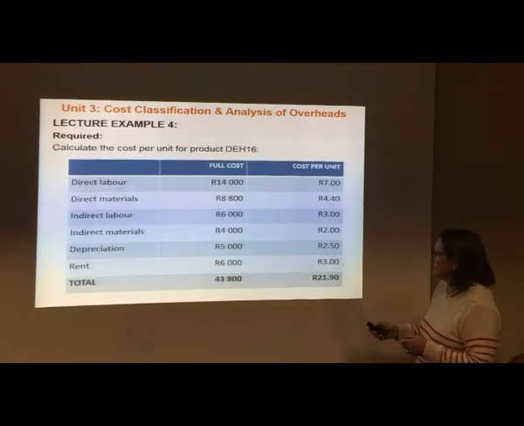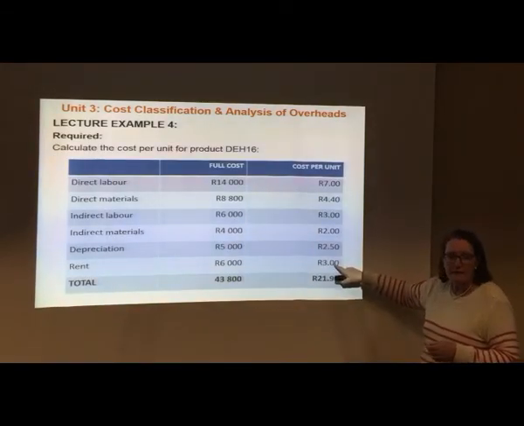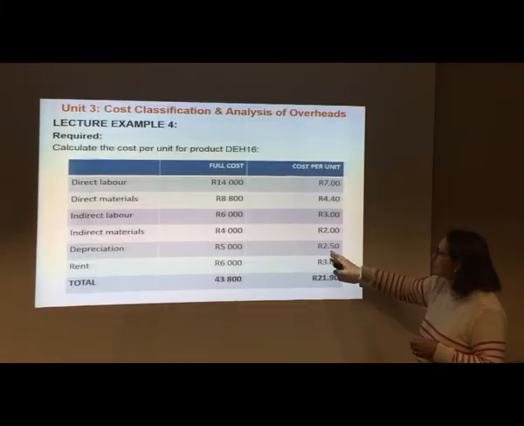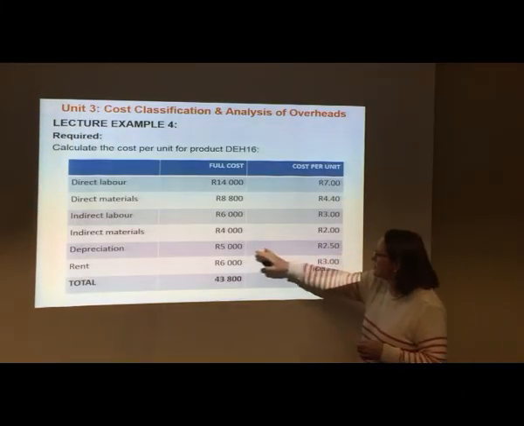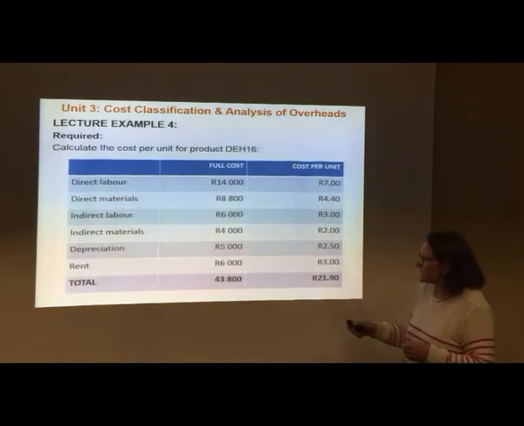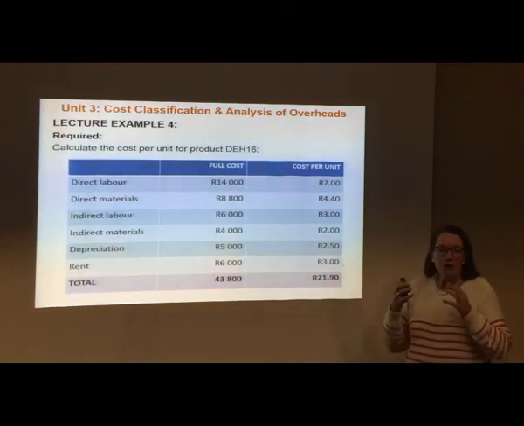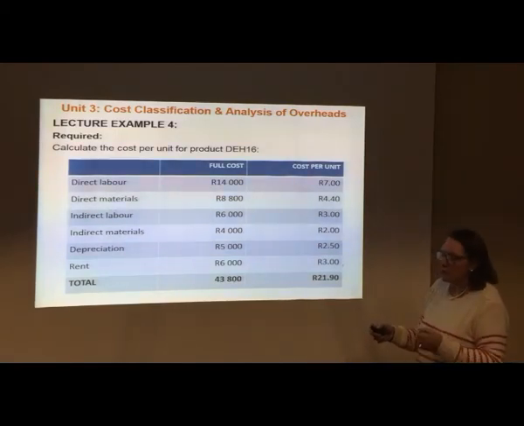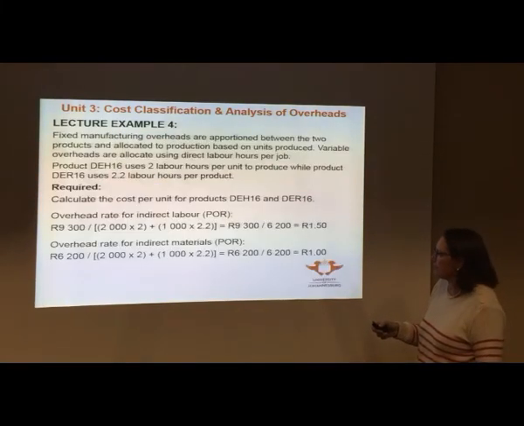You put it in at 3 Rand a unit. Okay? And because you produce 2,000 of these units, you put 5,000 there and 6,000 there. So those are your fixed manufacturing overheads.